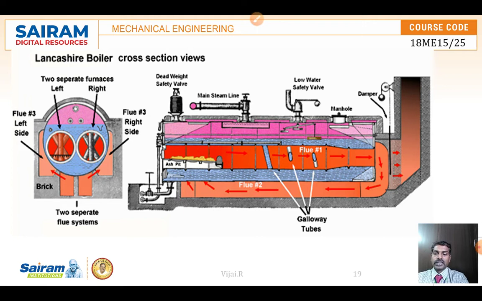The generated steam can be taken to the steam turbine through the main steam line. There are also other mountings and accessories, such as a manhole and safety devices like dead weight safety valves.